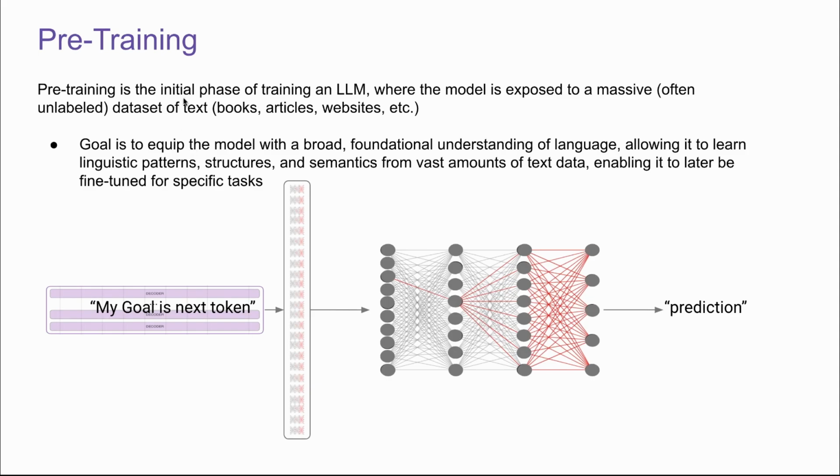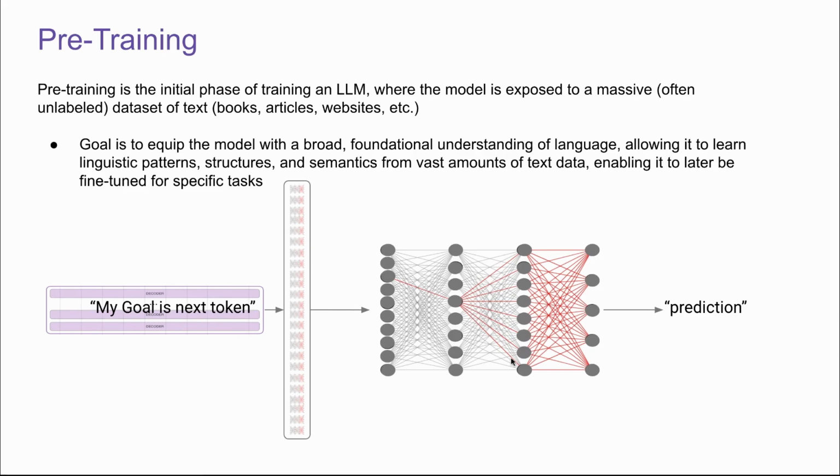So pre-training is the initial phase of training an LLM where the model is exposed to a massive dataset of text. The dataset is often unlabeled, and the text can come from books, articles, websites, etc. The goal is to equip the model with a broad foundational understanding of language, allowing it to learn linguistic patterns, structures, and semantics from vast amounts of unlabeled text data, so it can be better prepared for later specific tasks and reasoning.